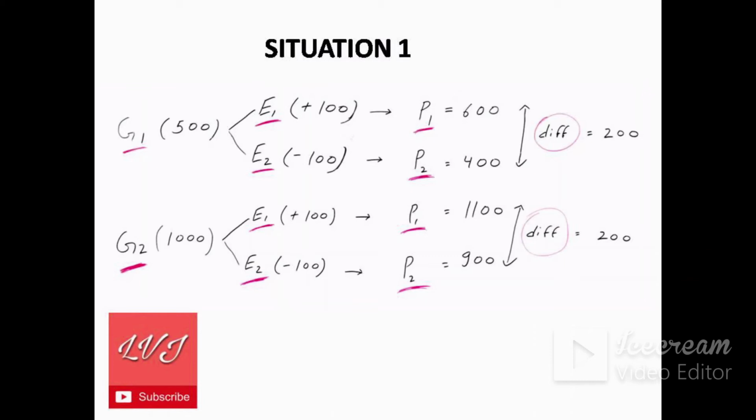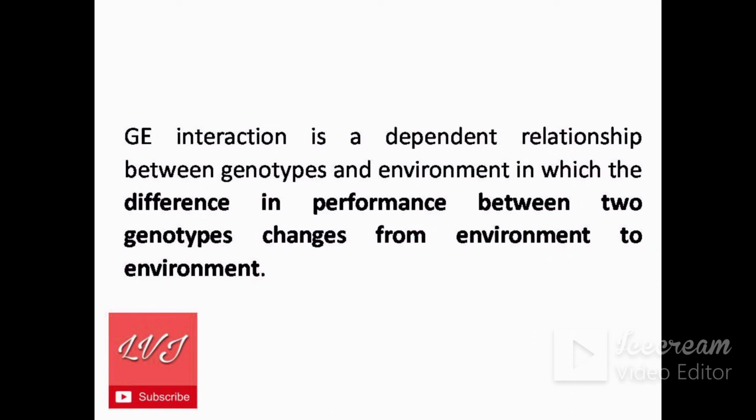So, in both cases, for genotype 1 and for genotype 2 in the two different environments, the difference is the same, which is 200 kg. So we can say that here there is no genotype environment interaction, because as per the definition, the difference in performance between two genotypes changes from environment to environment.